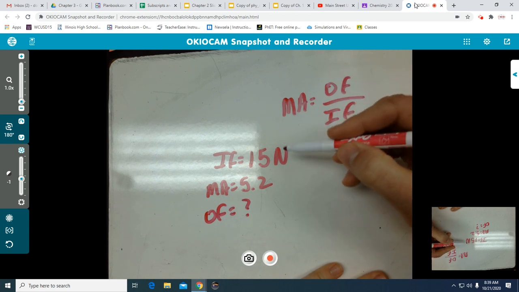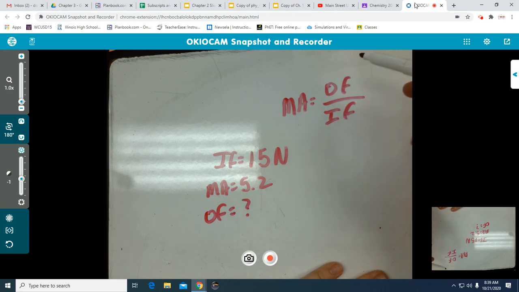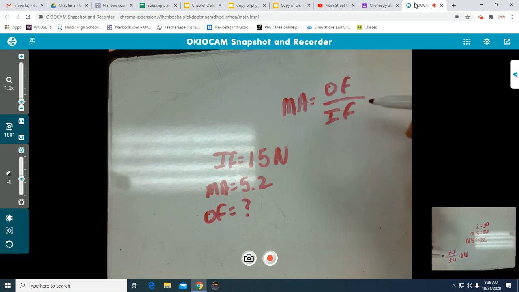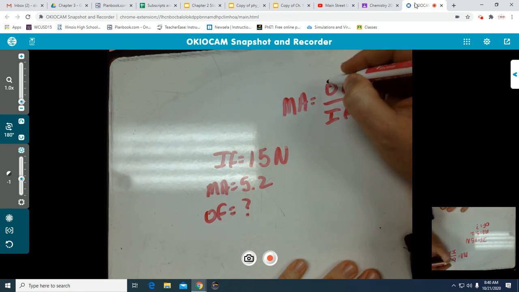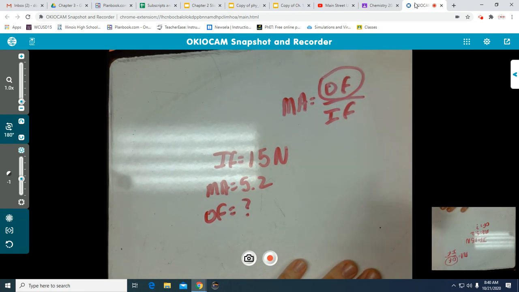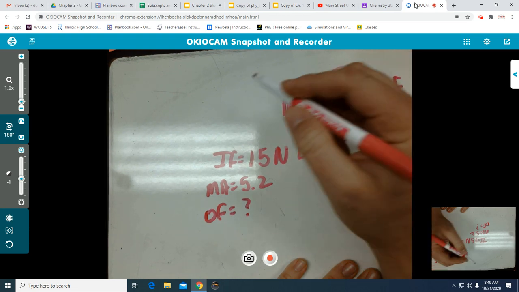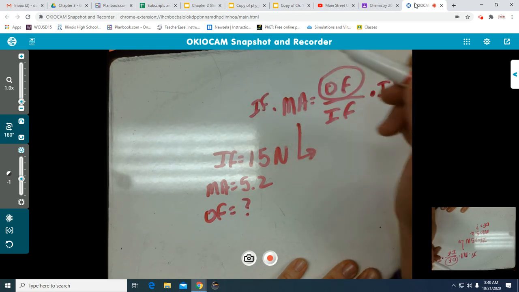After we've listed what we know, we need to go back to the formula and rearrange it. I'm the person who likes to rearrange it before I put any numbers in. If you like to put the numbers in, then rearrange it, perfectly fine. But what we are trying to solve for is output force. So in order to get output force by itself, I'm going to multiply both sides by the input force.